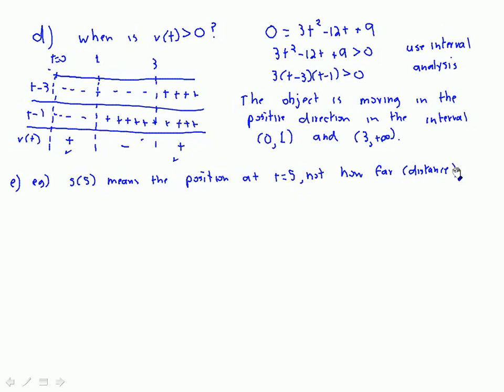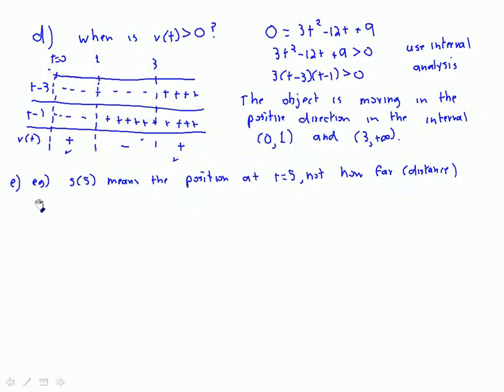So when we're dealing with distance, which if you're taking physics courses you'd know is a scalar measurement, it doesn't include a direction sign on it. But we have to take this position function and convert it back into a distance.